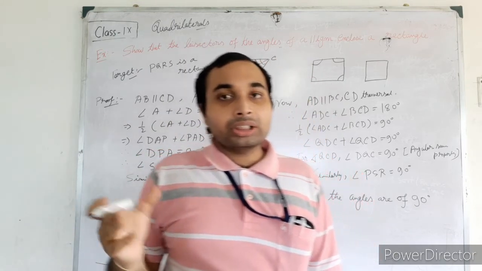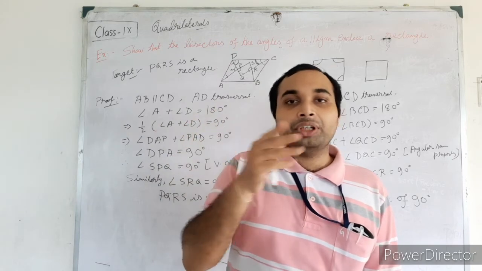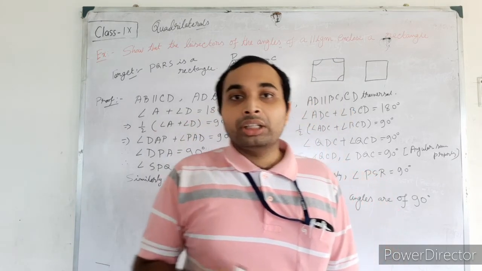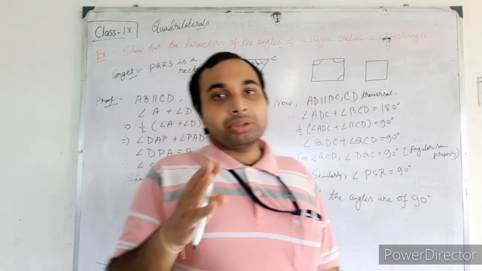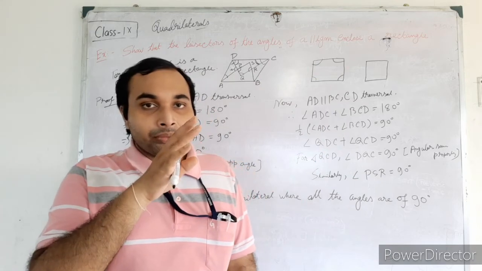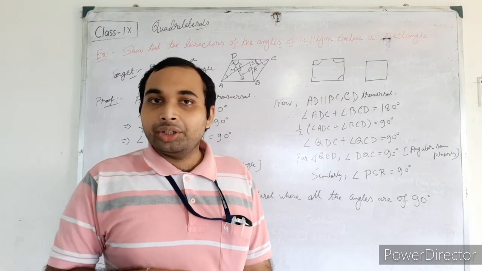What is the definition of the rectangle? If you don't take the definition of the rectangle with the help of the parallelogram, then what can you say? A rectangle is a closed geometrical figure where opposite sides are parallel and equal and one angle is 90 degrees. You can say this.